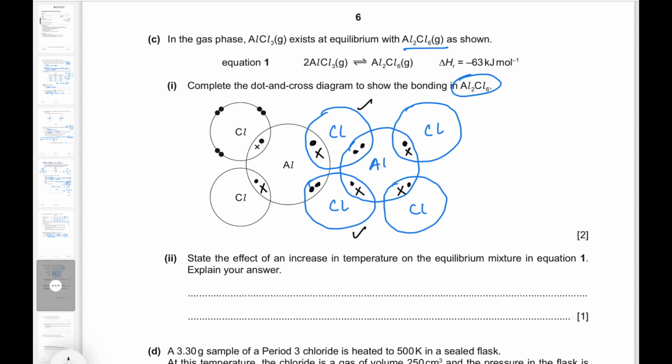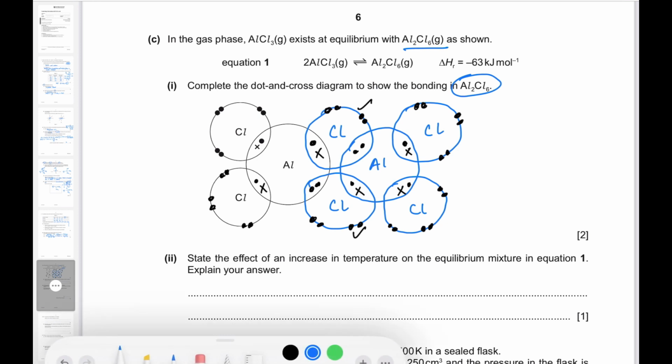Now you just need to fill out the remaining electrons in the chlorine atoms, and this way all of the atoms will have 8 electrons in their outermost shell, completing the octet. And there's the structure.